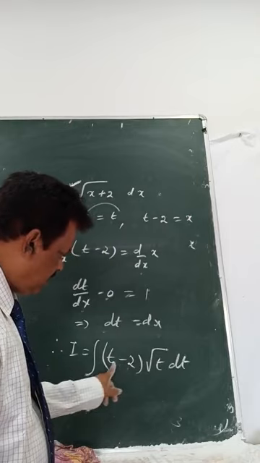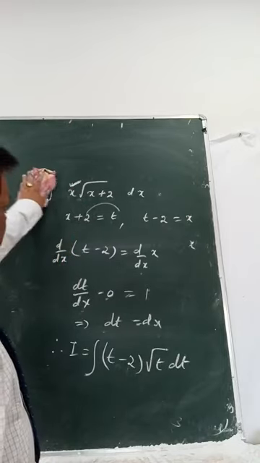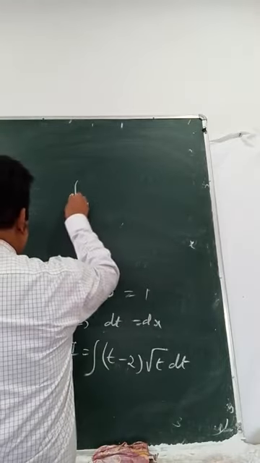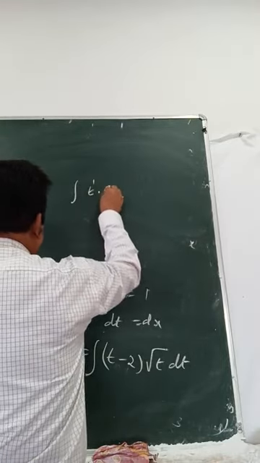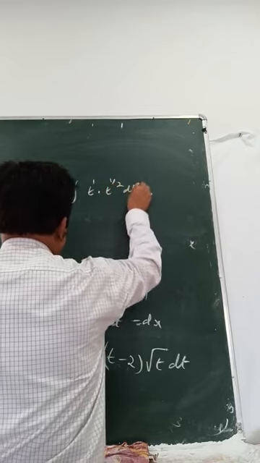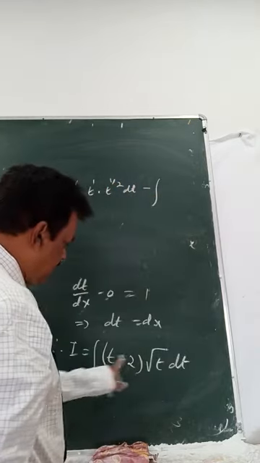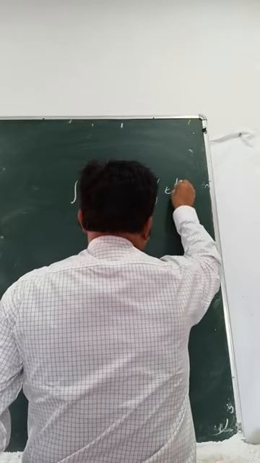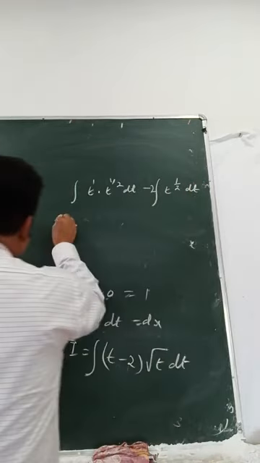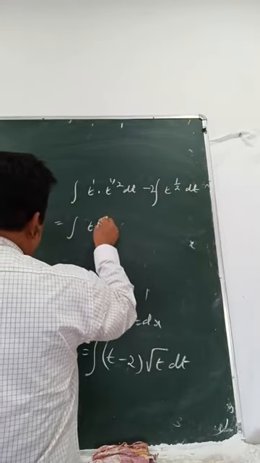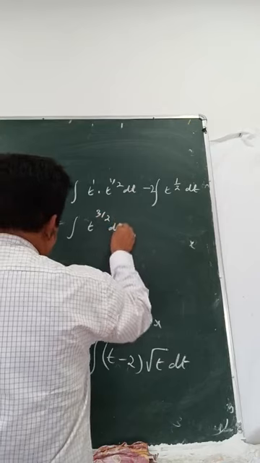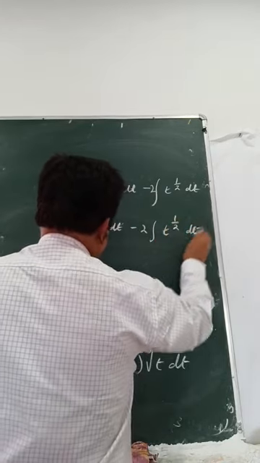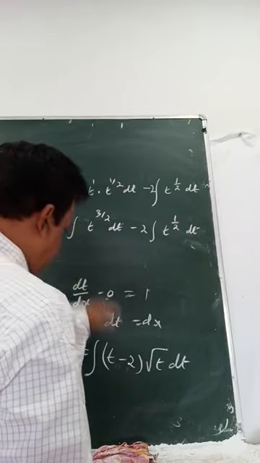Now I will multiply these two. So it will come out t to the power 1 into t to the power half dt, and integrating separately, 2 here, t to the power half dt. So this is t to the power 3 by 2 dt, t to the power 1 by 2 dt. Now I have to integrate, nth formula.